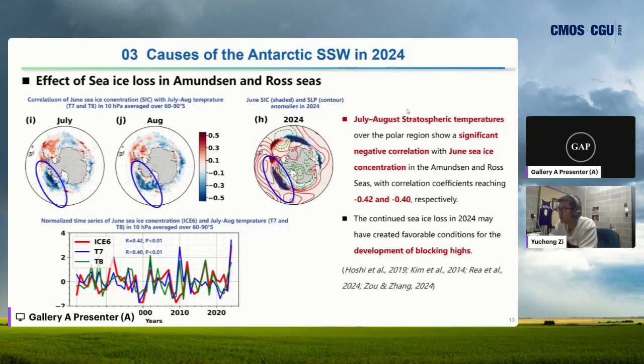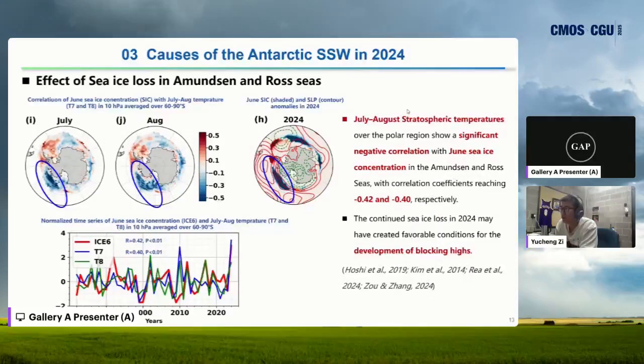We can see the July to August stratosphere temperature over the polar region shows a significant negative correlation with the June CIS concentration in the Amundsen and Ross Seas, with correlation coefficients reaching negative 0.4.